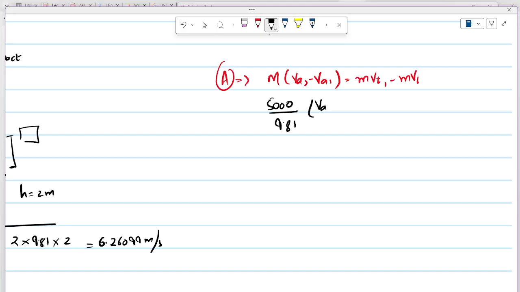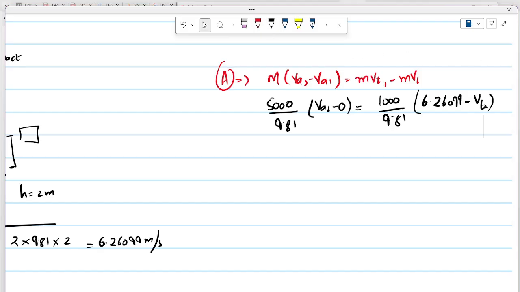VA2 we want to find out. VA1 is 0, equals m, that is 1000 divided by 9.81, the mass of the anvil, into Vt1, the velocity just before the impact, which we have just found: 6.26099, and after it has hit the anvil, we don't know the value of that one.